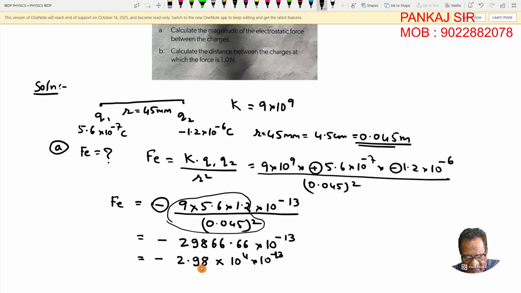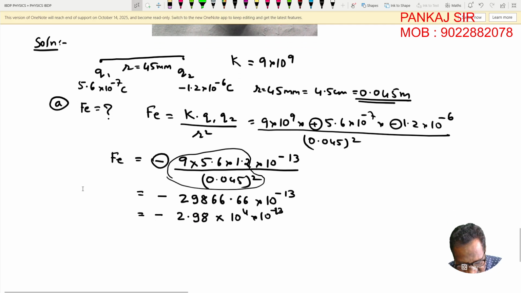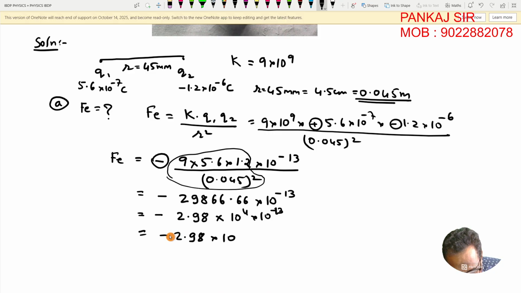And this gives me the answer as minus 2.98 into 10 raised to, one second, I made some mistake over here. 10 raised to minus 13.